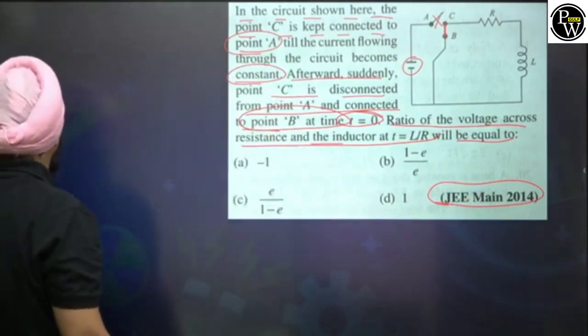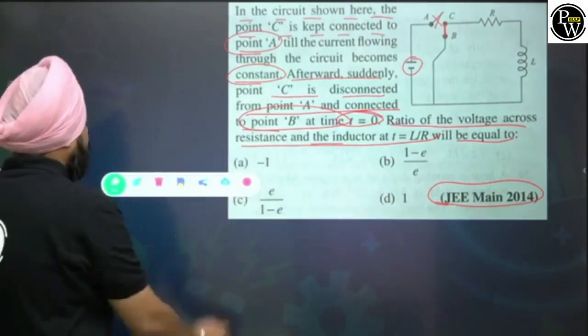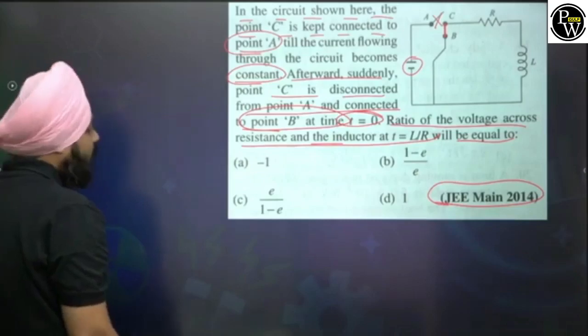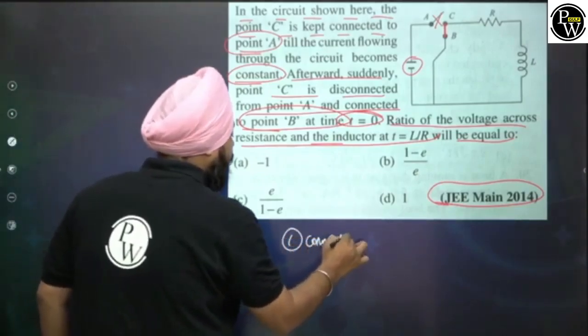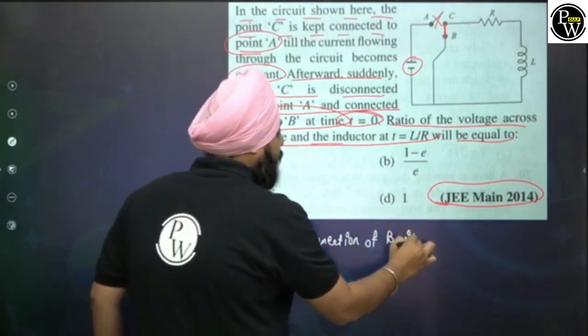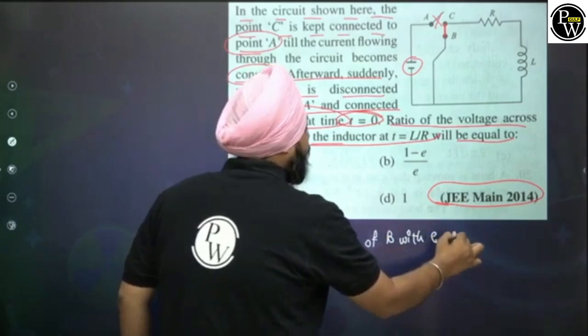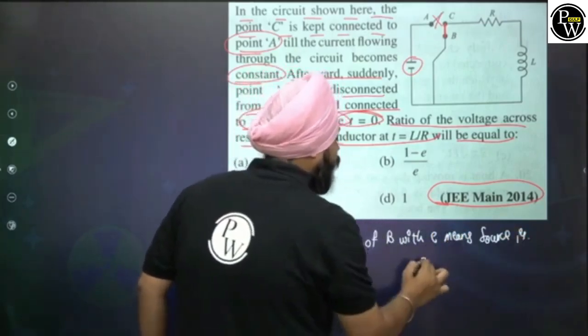Connection of B with C means source is removed.